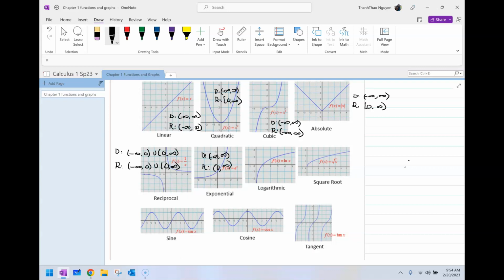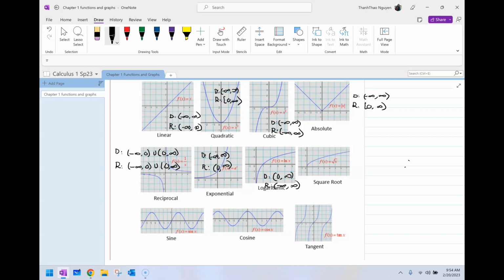Note that we're not including 0. For the logarithmic function, logarithm is the inverse of exponential, so the domain of logarithm is the range of the exponential, and the range is the domain of exponential.